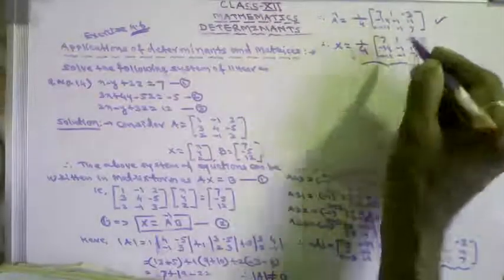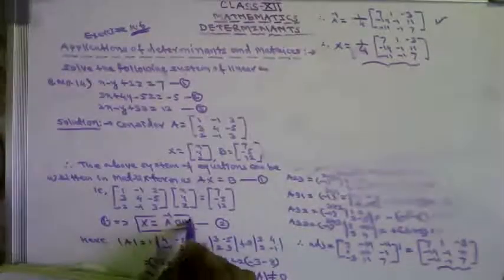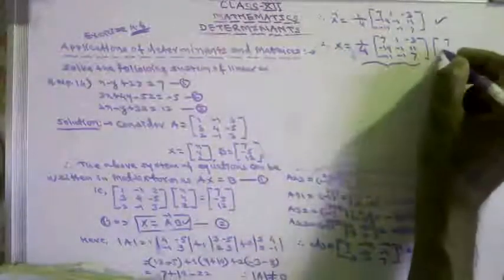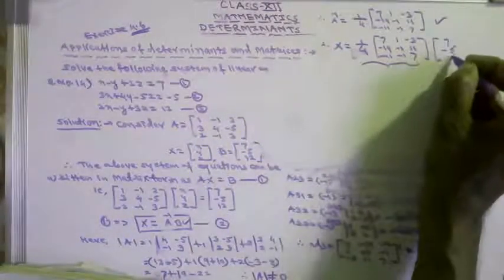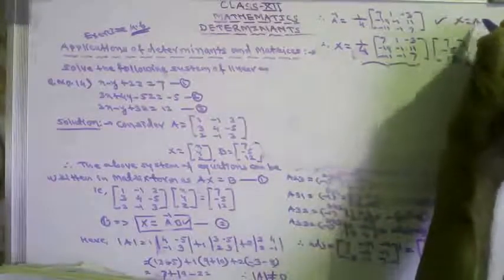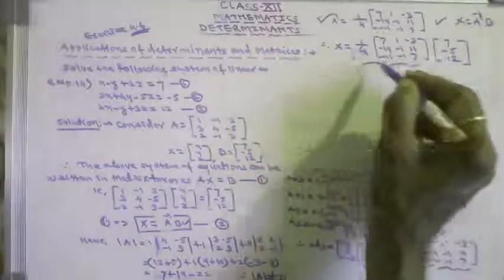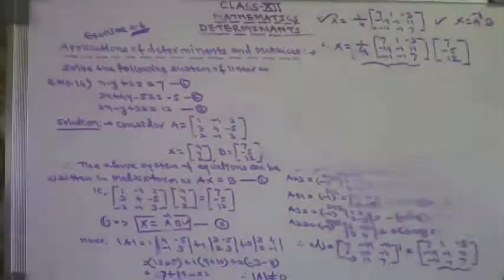What is B now? B is 7, minus 5 and 12. Since X equals A inverse B, A inverse is this one, B is this, from equation number 2, X equals A inverse B. So this is your A inverse into this B.